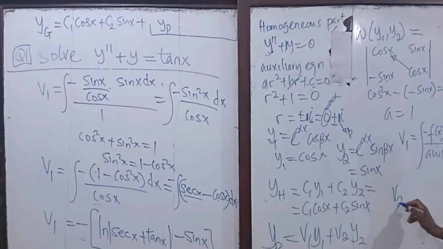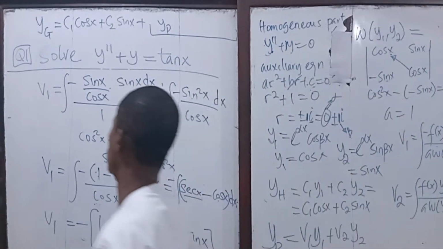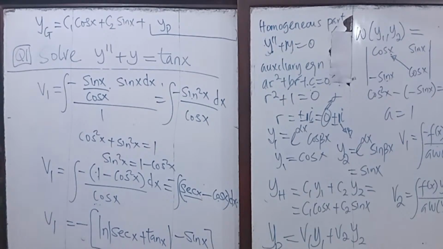V2 also has this formula. So that's that for V1, V2. Once you have the formula, for writing the formula, there's a mark for you.